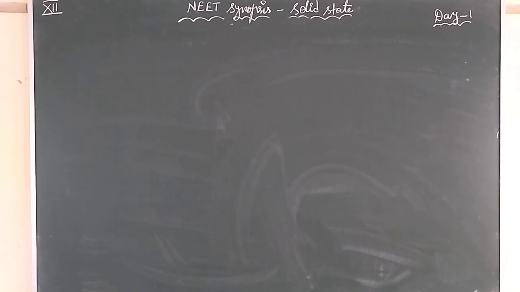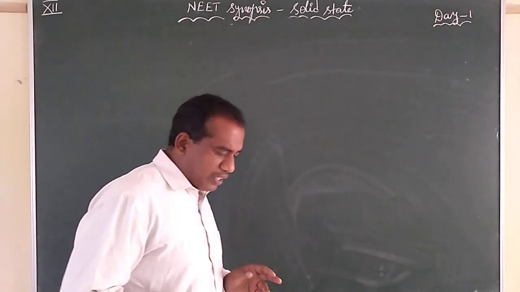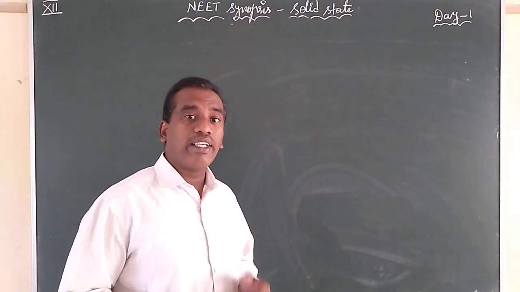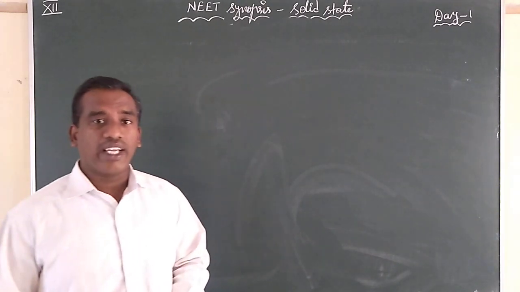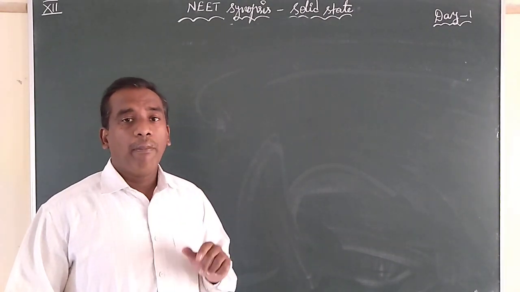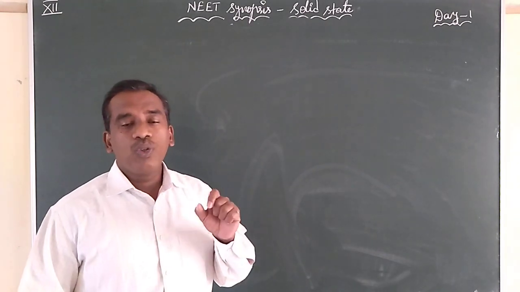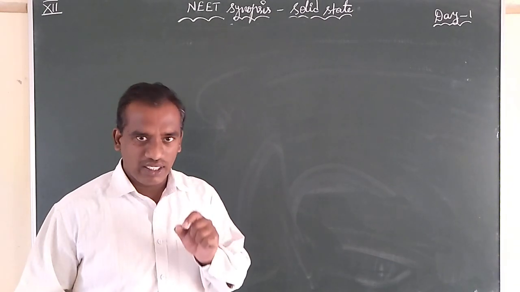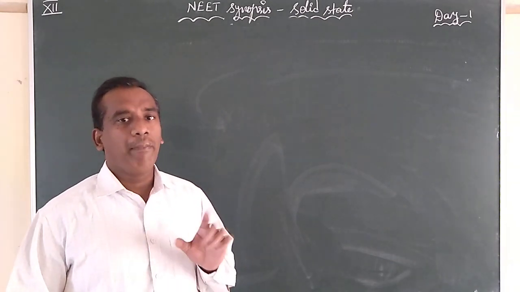Let us continue our concept regarding the distance between two atoms or the neighboring atoms. We had given that in the case of simple cubic, but we hadn't learned how the distance between the neighboring atoms will be calculated in the FCC or the BCC.